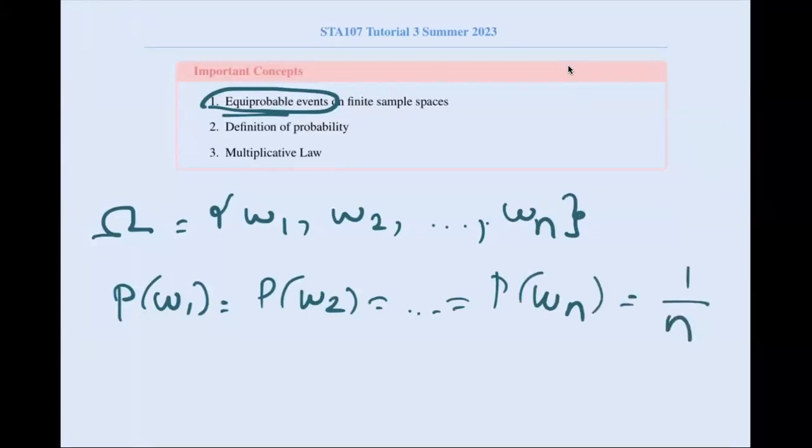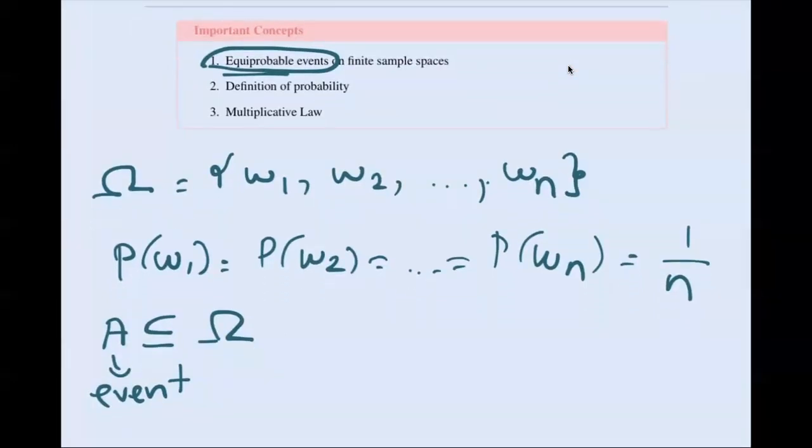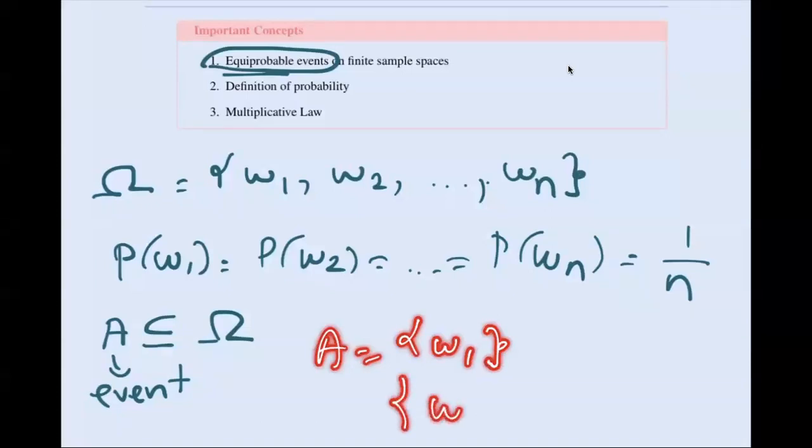And let's say A is some event, which means A is a subset of the sample space. It might be an event containing one outcome, like A equal to W1 only, that's possible, but A also might be a composite event, which means it can have more than one outcome, like W1, W2, something like this.